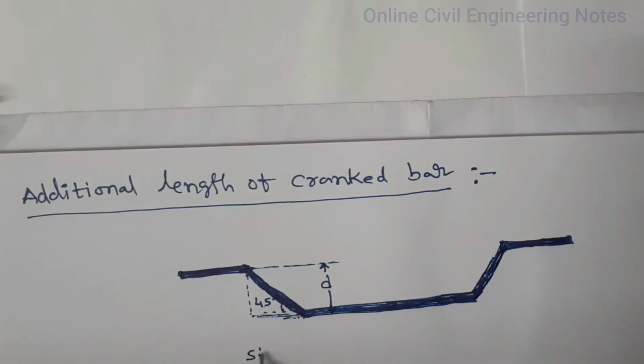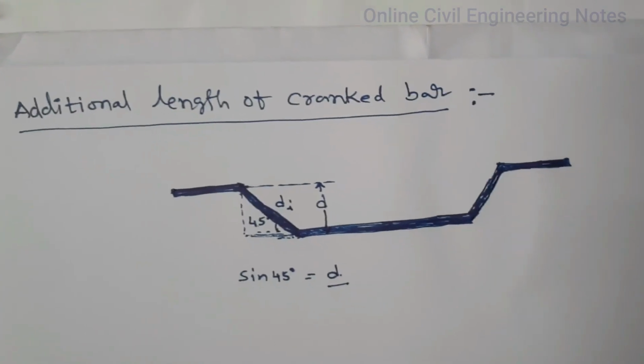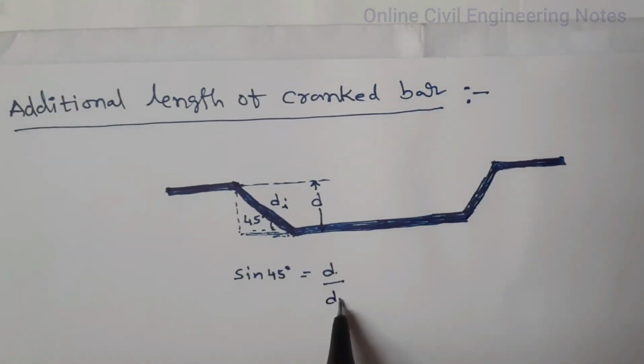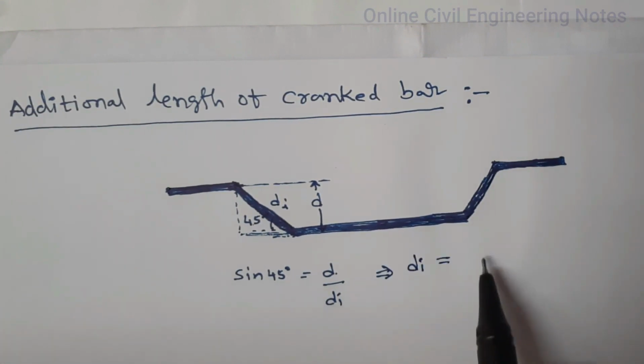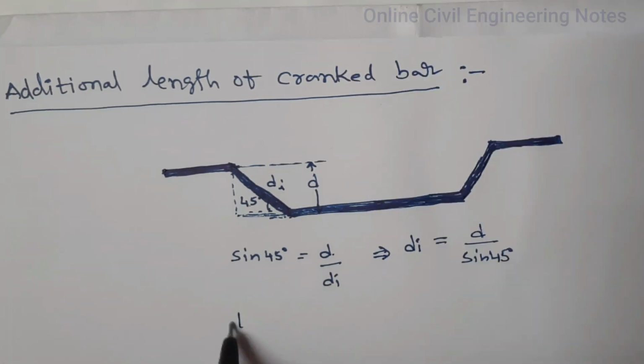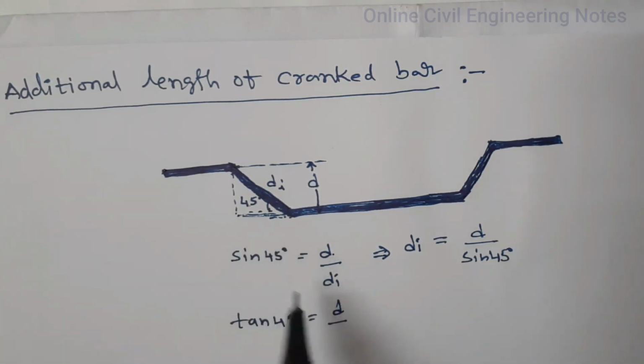Sin 45 is equal to opposite, so it is D by D inclined. Therefore, D inclined is equal to D by sin 45. Tan 45 is equal to opposite by base.